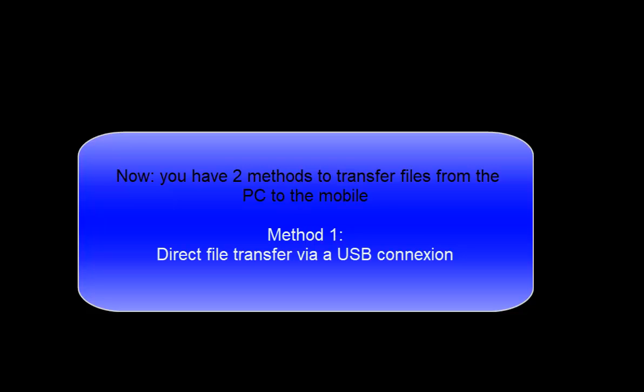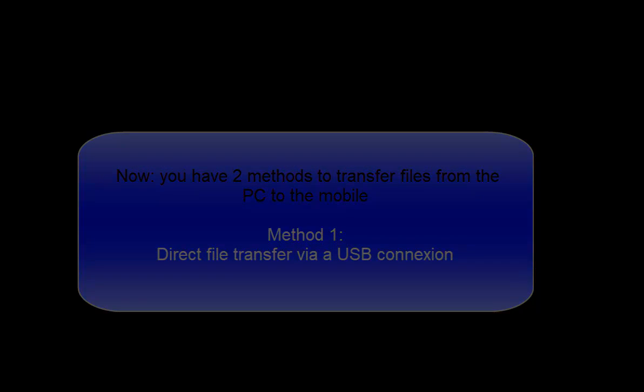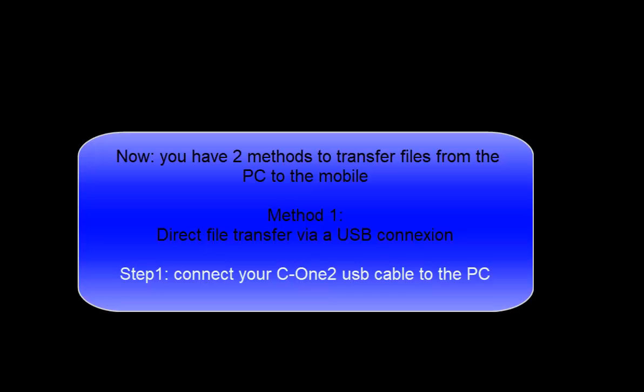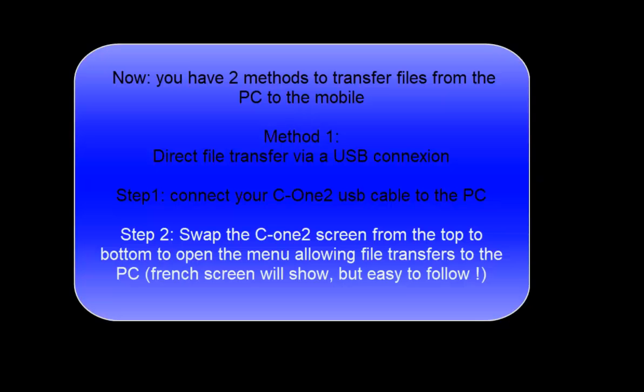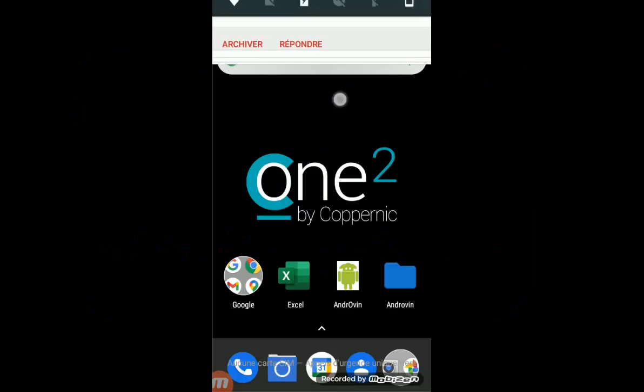First one, by connecting the C ONE2 to the PC via a USB connection. So you connect your cable to USB plug in the PC, and on the mobile you have to swipe the screen to tell the system to connect and transfer files to the PC. So this is the way you do it.